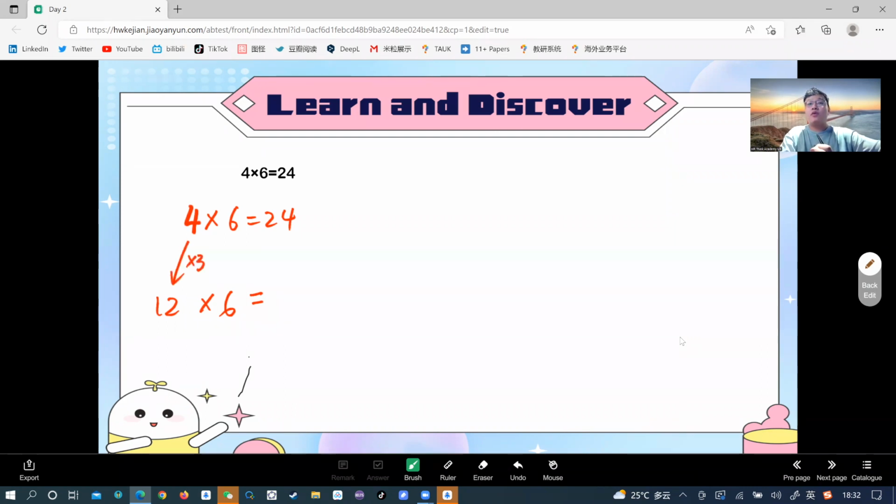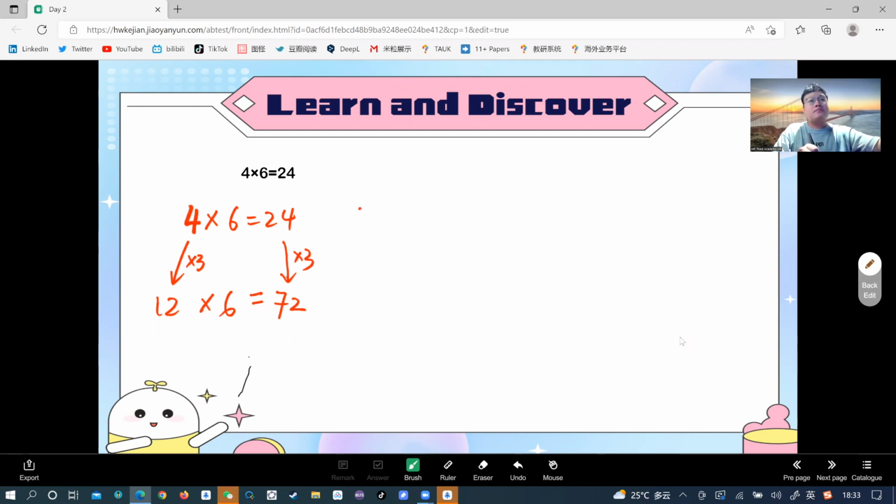Right? I multiplied 4 by 3. And we know that the answer should change in the same way in the multiplication, right? So you're going to do 24 times 3 as well. And that gives us the answer, which is 72. Yeah, it's really simple. And let's move on.